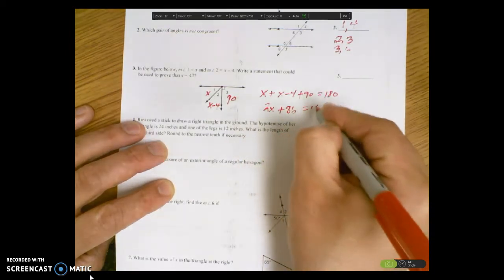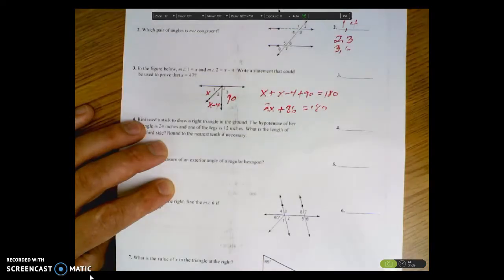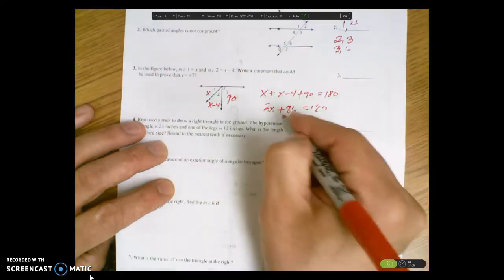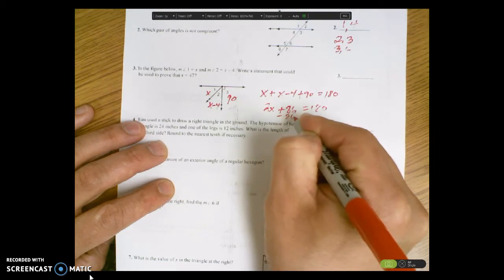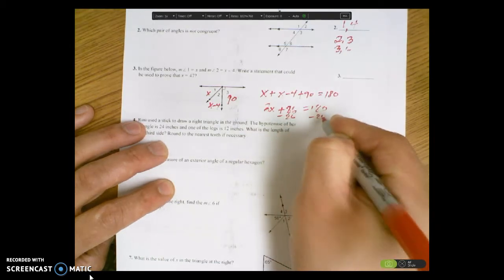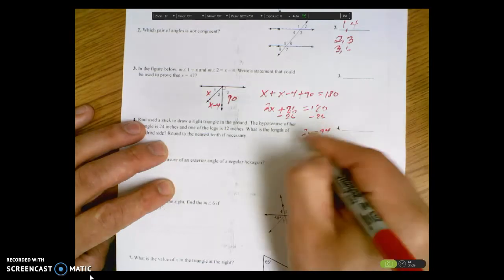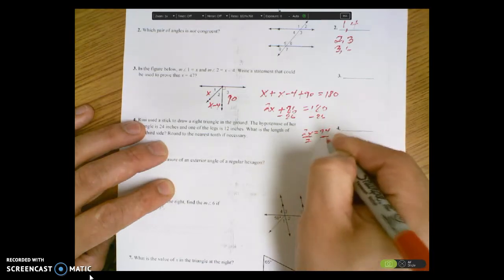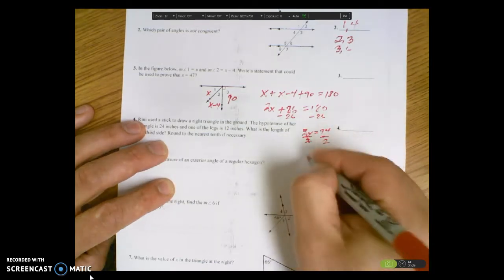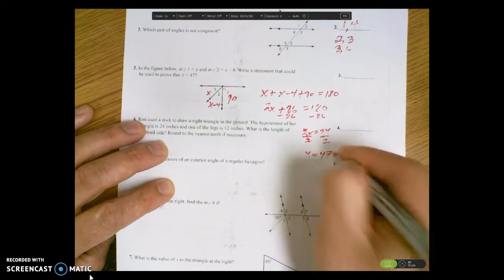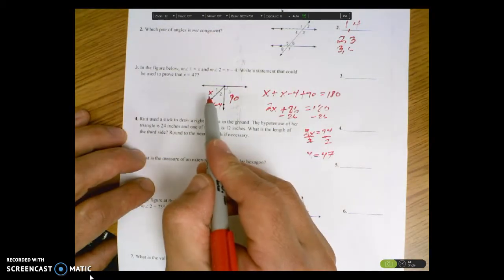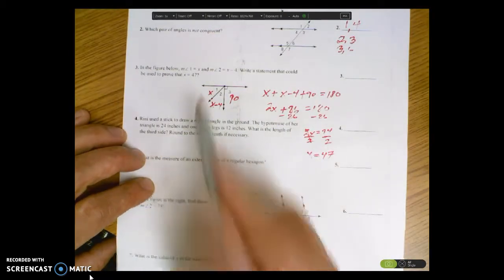And that still equals 180. All right. Now I can subtract 86 from both sides, which is 94. So 2x equals 94. I'm going to divide both sides by 2. And I'm going to get x equals 47. There, I just proved that x does in fact equal 47.